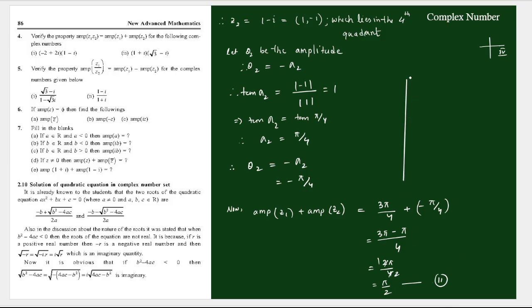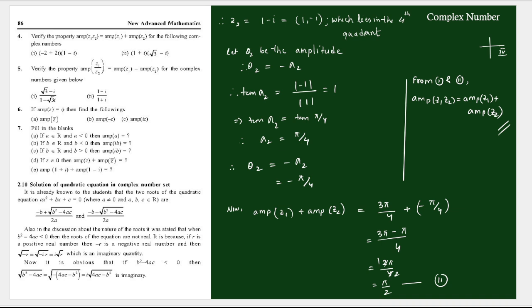So from 1 and 2, you write down amplitude of z1 z2 equal to amplitude of z1 plus amplitude of z2. Fine, verify. Okay, ठीक उसी तरह क्वेश्चन नंबर 2 करना है.